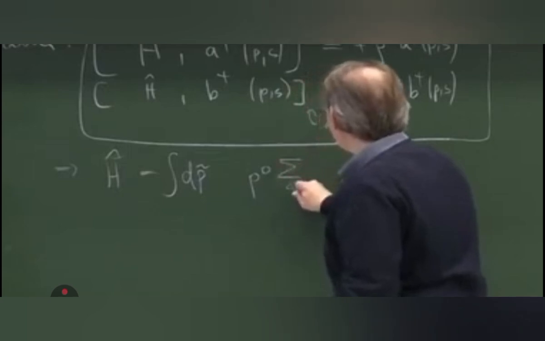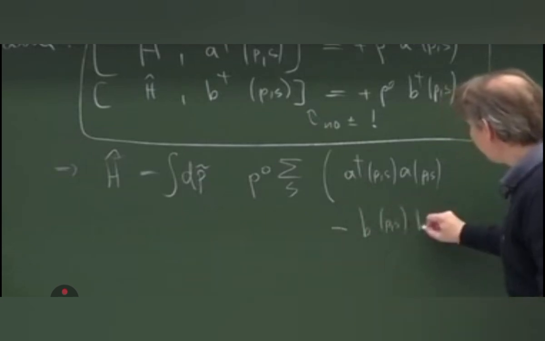It's dp tilde instead of d3p times p0 times the sum over s times a dagger a with some argument, however, minus b dagger b.